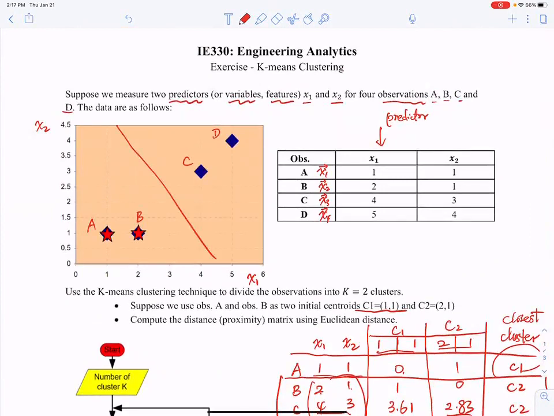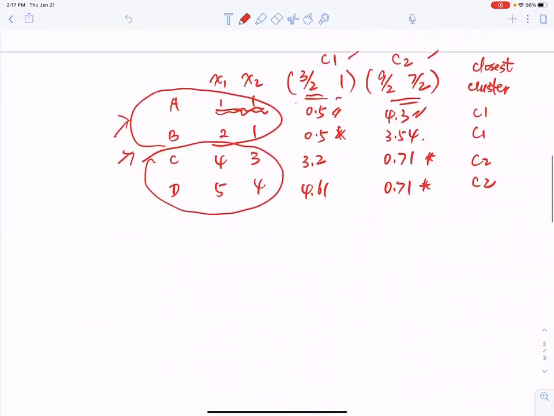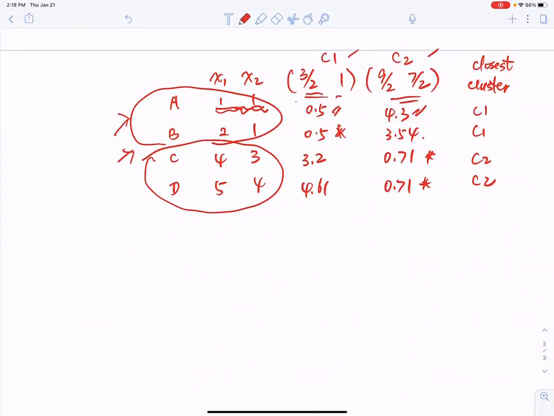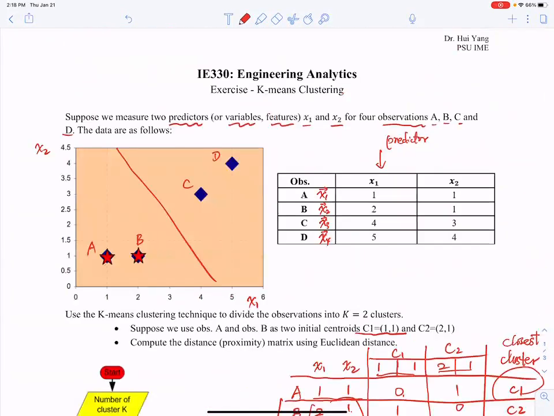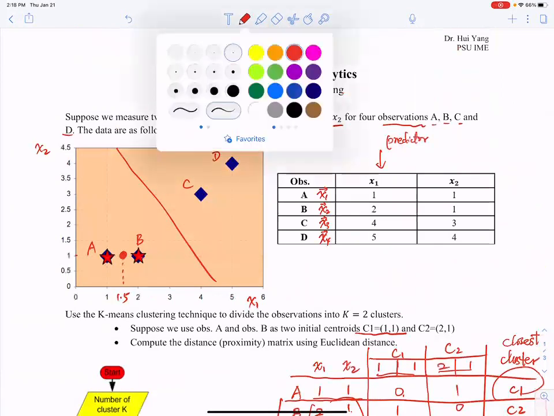The first centroid is 1.5 and 1. So the final centroid is here. These two stars are the initial centroids. Now let me change the color.